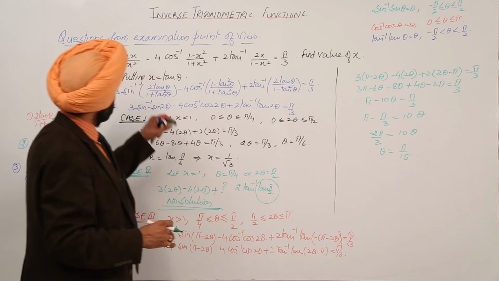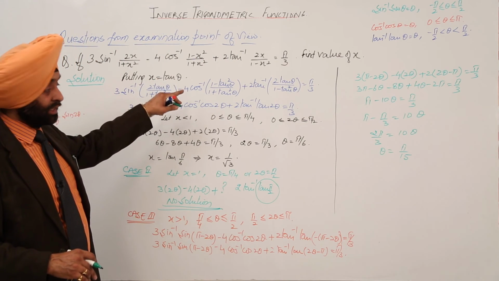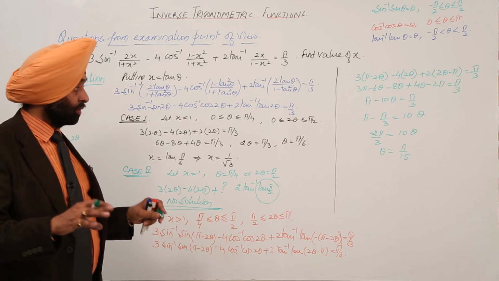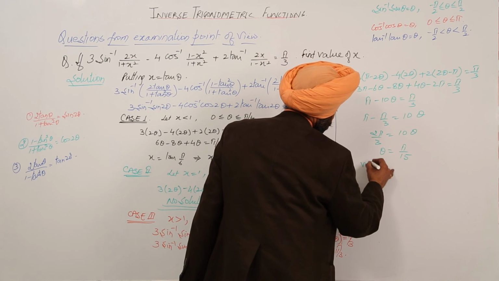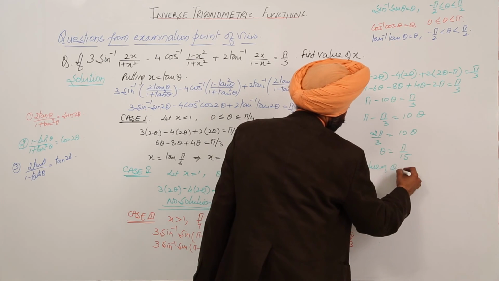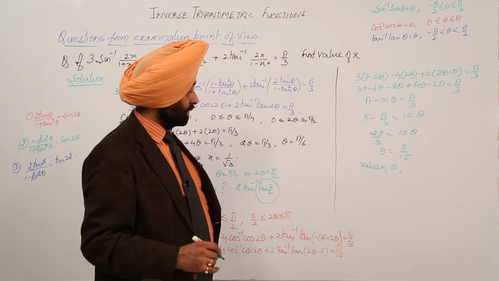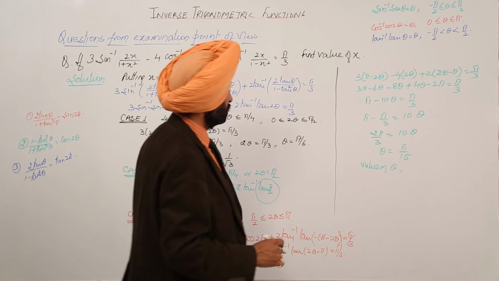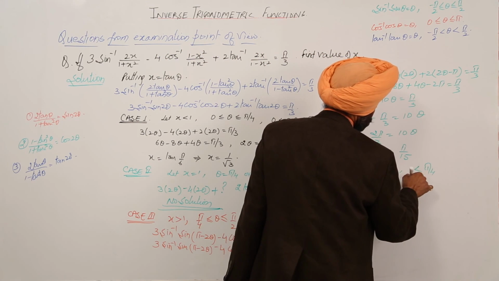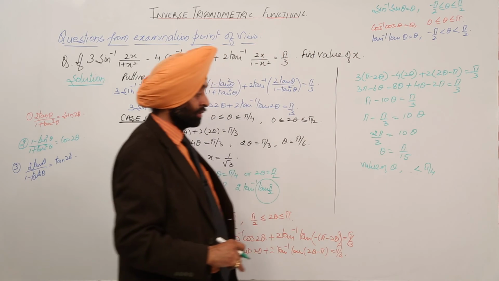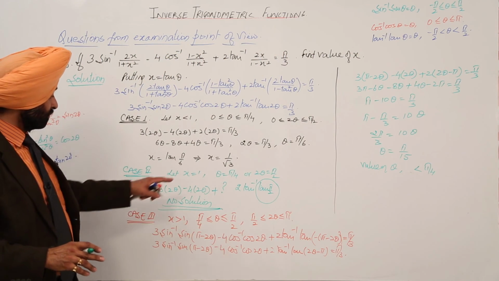Now if we put x equal to tan theta, with theta is pi upon 15, the value of theta is less than pi by 4.